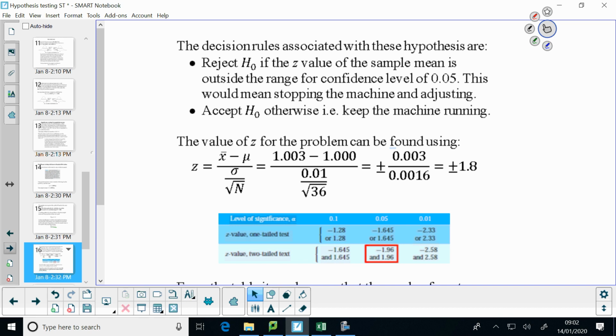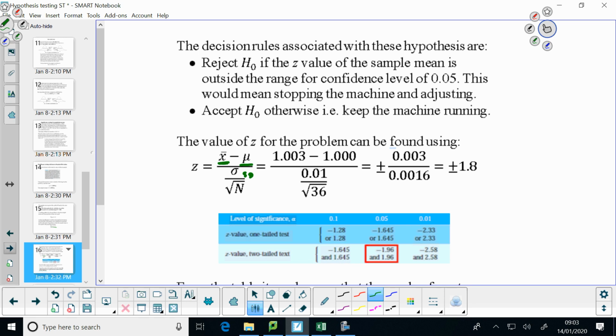We've got a formula to find the value of Z for the problem: Z is equal to x bar, the sample mean, take away mu, the population mean, divided by sigma, the standard deviation, divided by the square root of n.